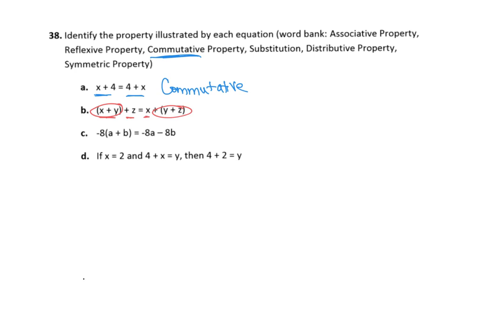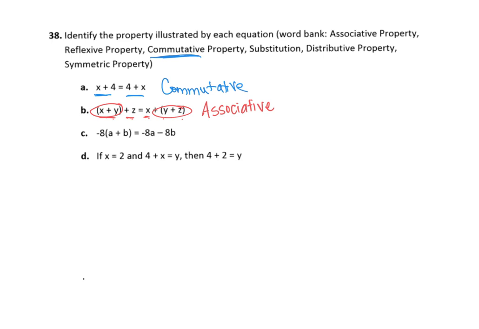But the order itself of x, y, z didn't change. We changed who was hanging out with who. And I always told you guys, well, you group with who you associate with, right? So this was your associative property. So this is associative when we change groupings but not order. So changing order is commutative, changing groupings is associative.